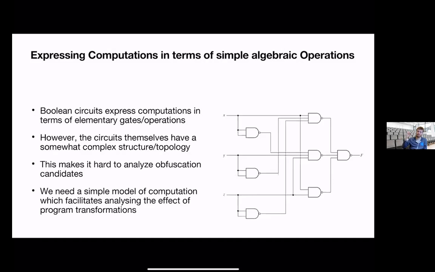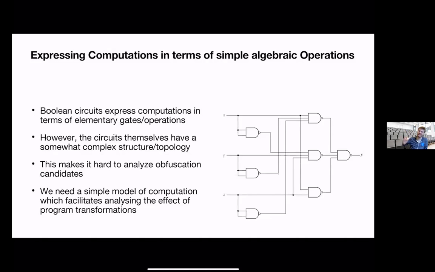So we really need a simpler model of computation, which should facilitate analyzing the effects of program transformations. Sort of introducing dummy gates here, well, in a circuit, why should that be any good?